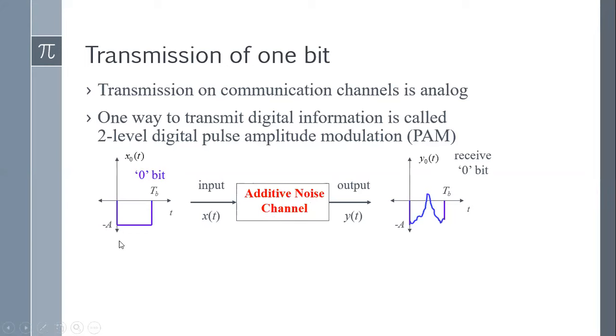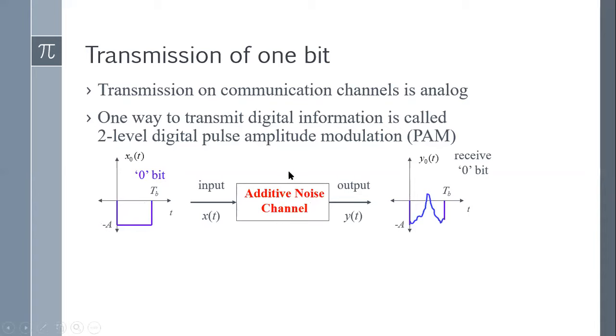Now see, this zero bit is represented using a square pulse, right? Though we say we are sending digital pulses or digital bits, these digital bits are actually transmitted as an analog signal. Why? Because the square pulse is a sinusoidal pulse. That's why we say transmission on communication channel is analog.